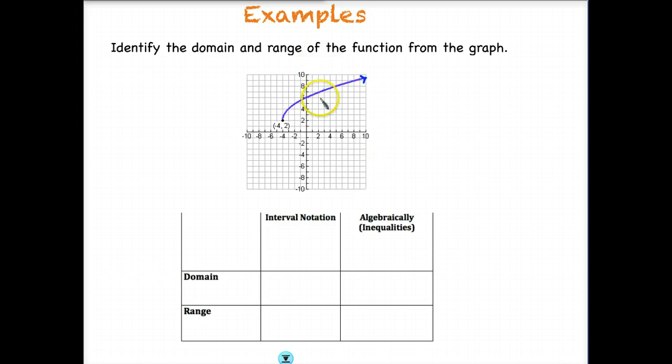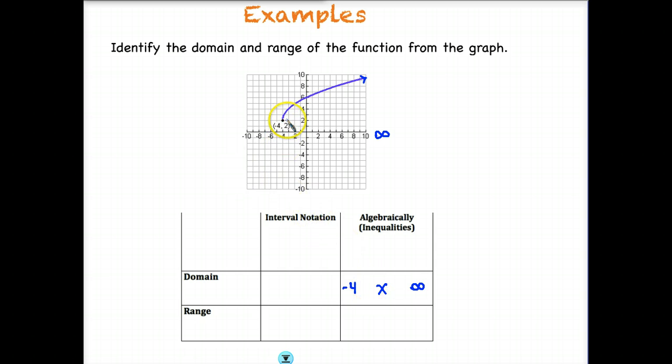Okay, let's compare our domain and range here. So our domain, let's do that first. It looks like we are here at the -4, and then we head to the right all the way out to +infinity. Okay, so let's write that. We have x ranges between -4 and +infinity, so we just need to know what type of inequality sign to write.